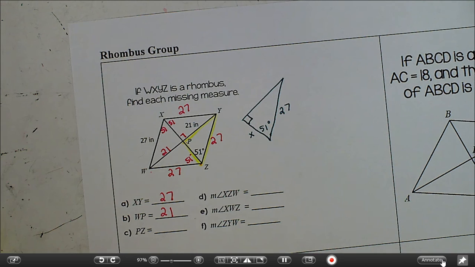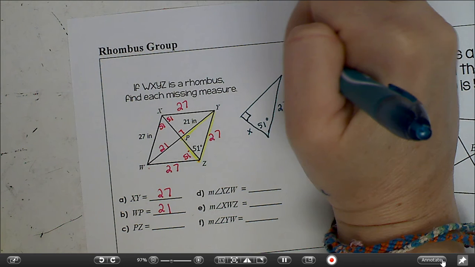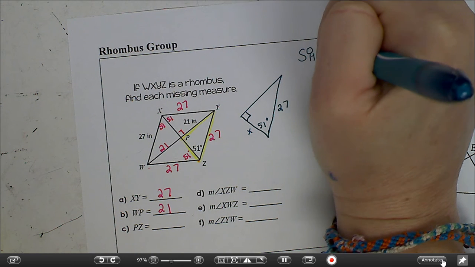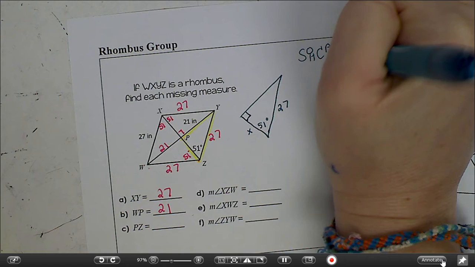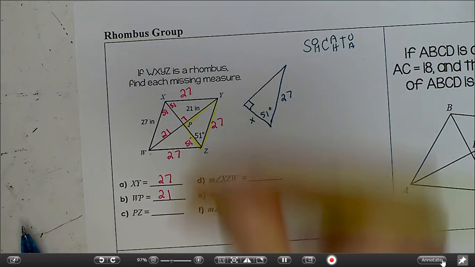So which trig ratio will we use? A little review. We have our little SOHCAHTOA that we use to help us figure it out. It's all based on the angle. So here's our angle.